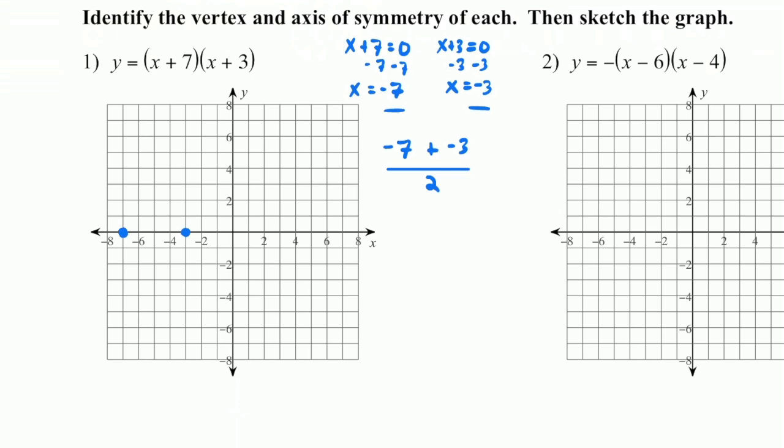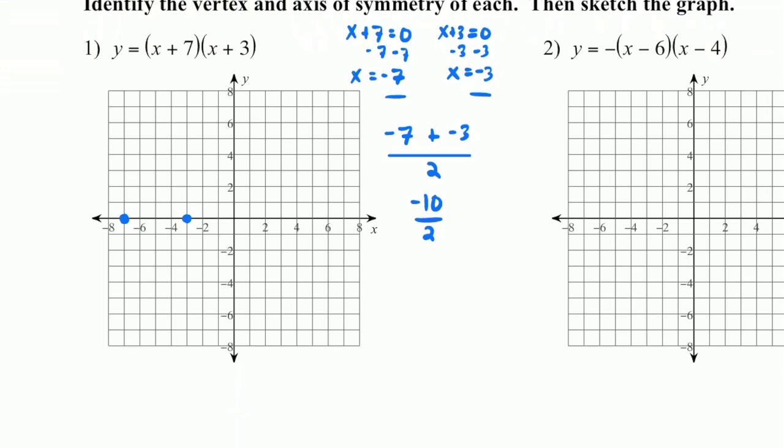So negative 7 plus negative 3 gives me negative 10 divided by 2. So I know that my axis of symmetry is going to be at x is equal to negative 5. So I'm going to have my line that splits it in half at negative 5 here.